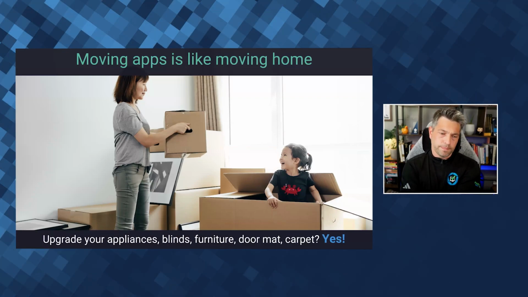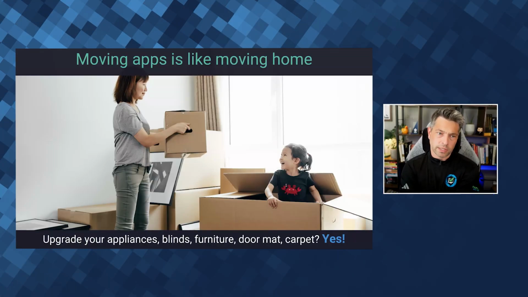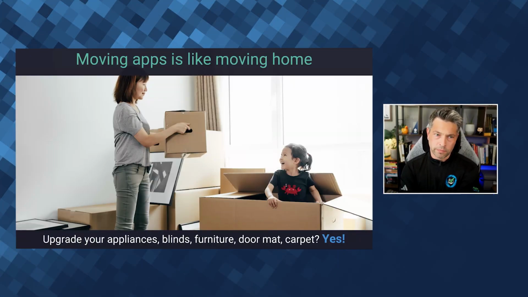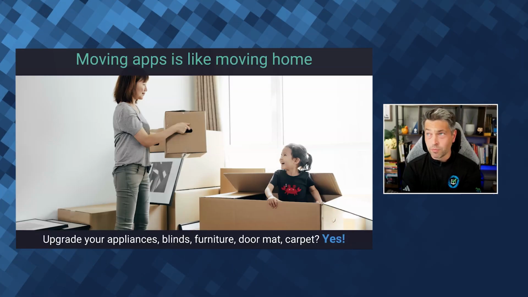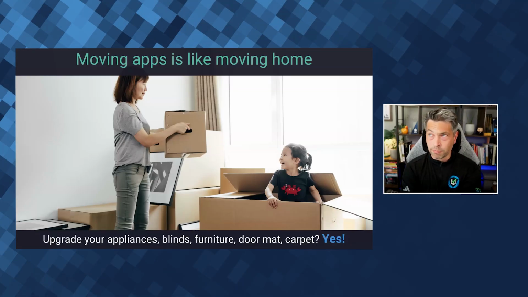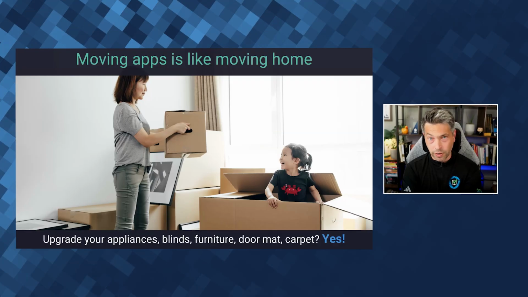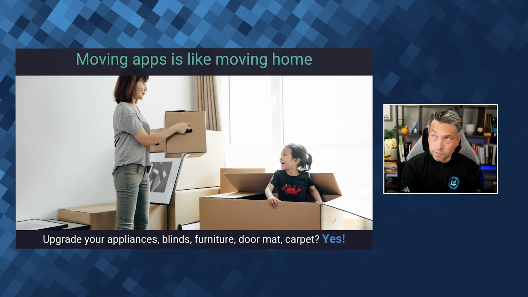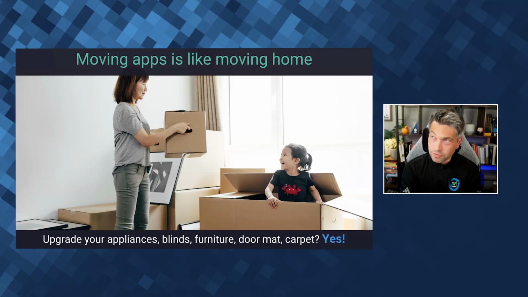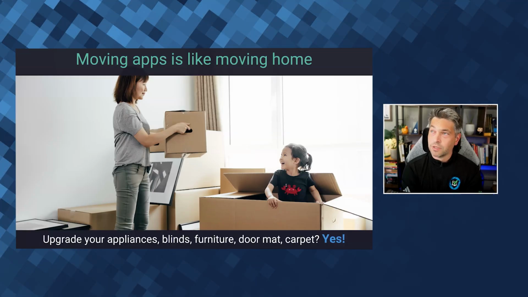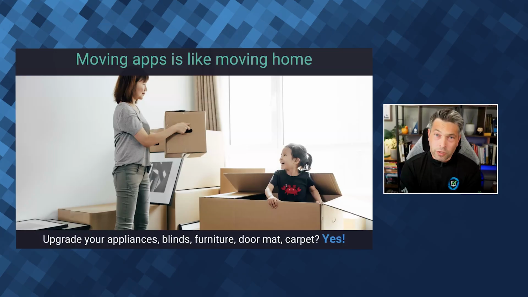And so we think of it like when you're moving home, moving apps from ConfigMgr to the cloud. When you're moving house, maybe you don't box up everything and move it across to the new home. Maybe during that move, you're thinking, well, I could probably do with some new carpets in the new home, or some new curtains, or a new cooker or new sofa.